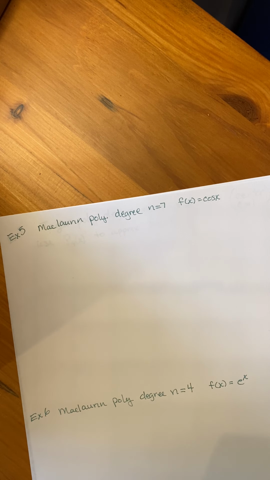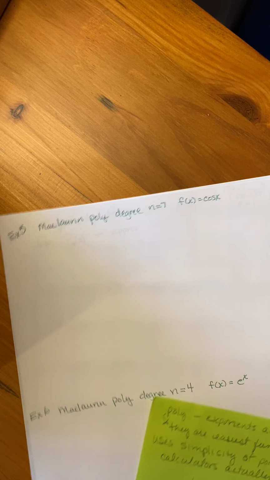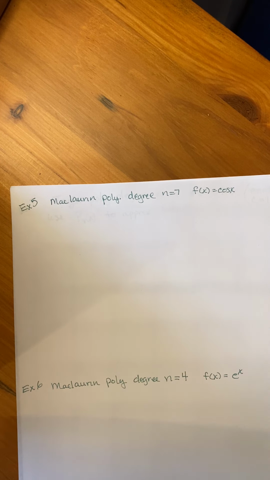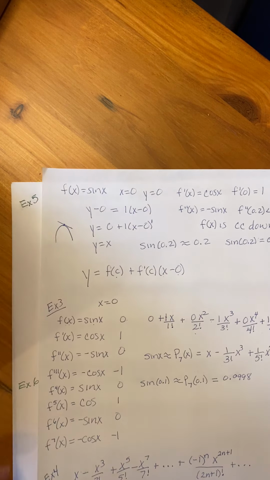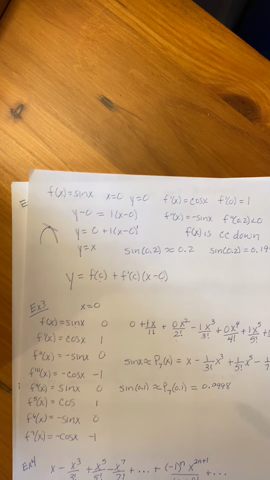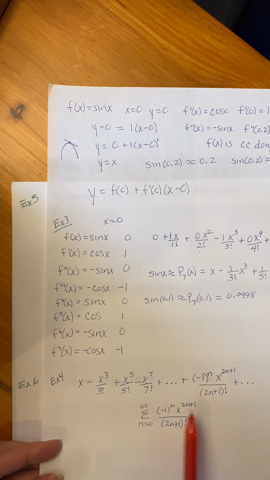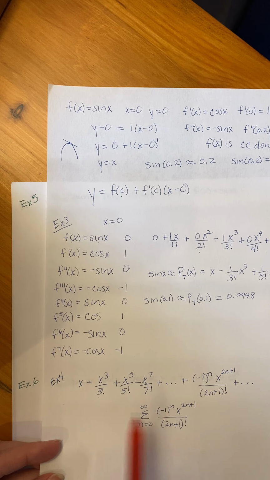So yesterday we talked about the sine curve and approximating sine, and we used a tangent line for one approximation, and then we did this work right here. That was on the first video, which you probably just watched, and then we got this pattern for sine down here, and this we can use to mimic the sine function.